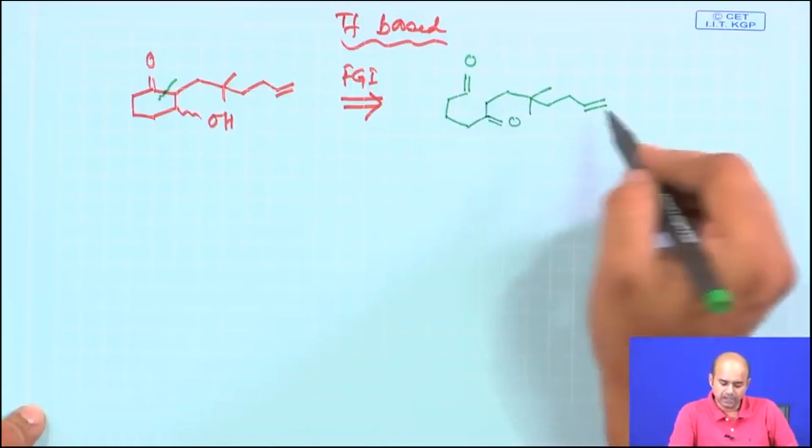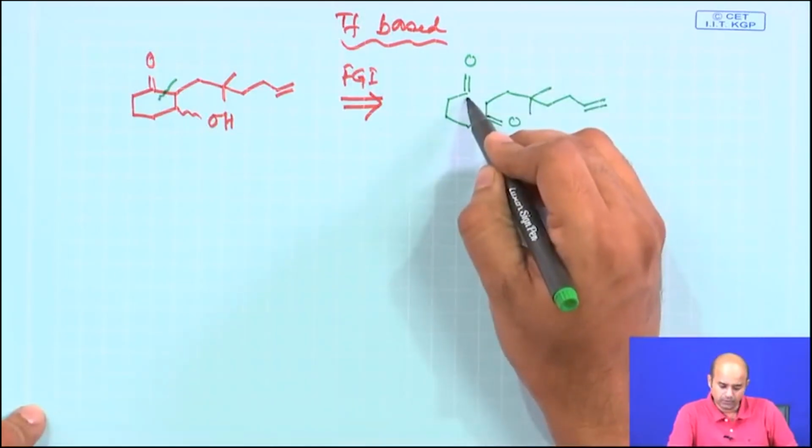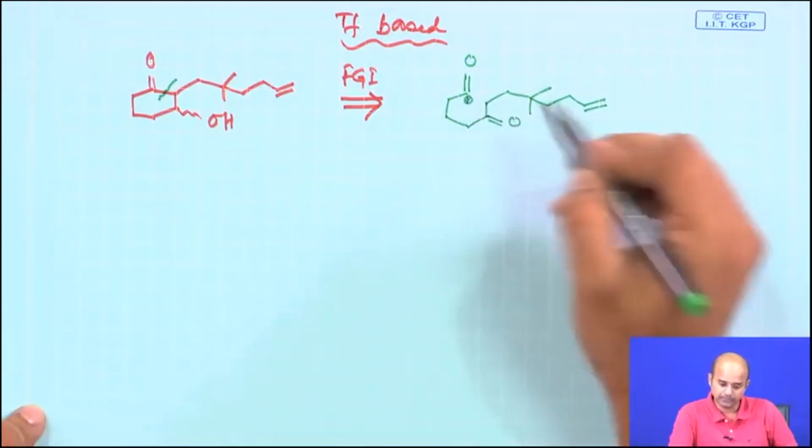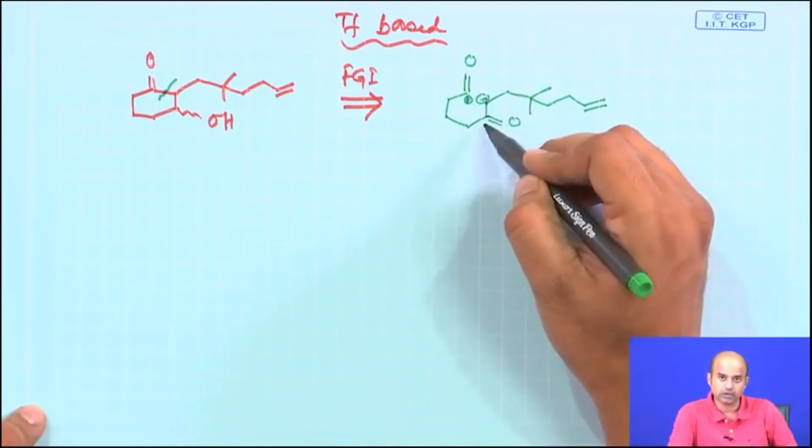I will be doing an FGI something like this, where we know the carbonyl is delta positive, and this end could be negative as it is alpha to the carbonyl.